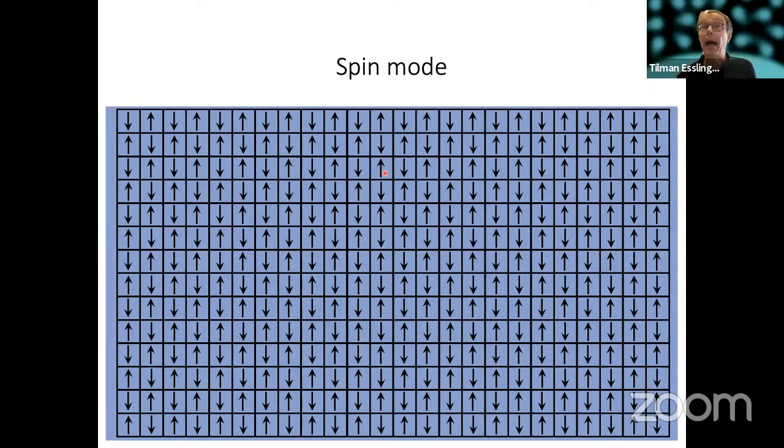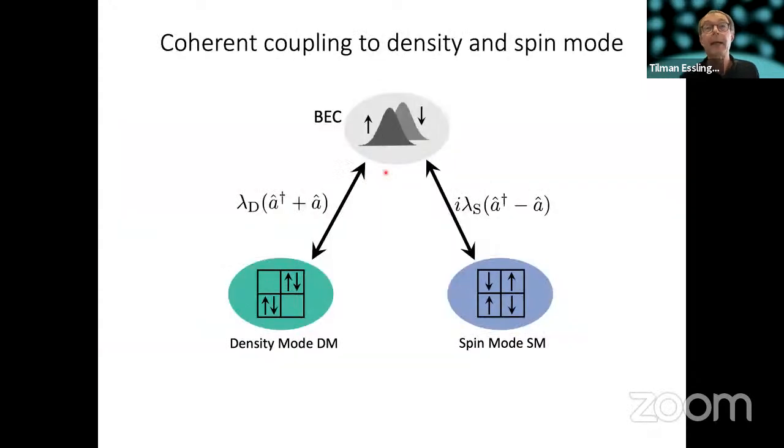However, in these two different situations you couple with different quadratures of your light field. In a simplified diagram, you have a Bose-Einstein condensate in a mixture of a spin up and a spin down state.